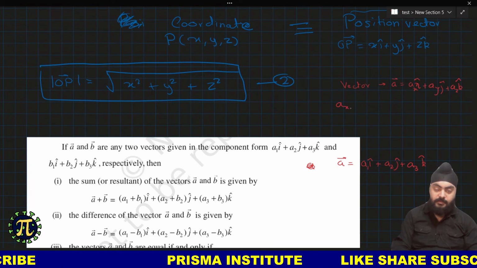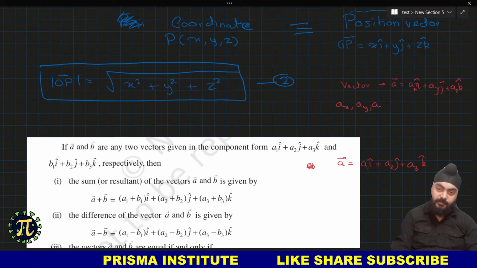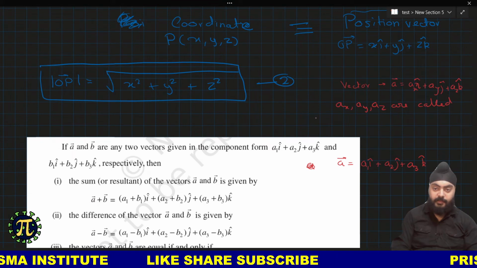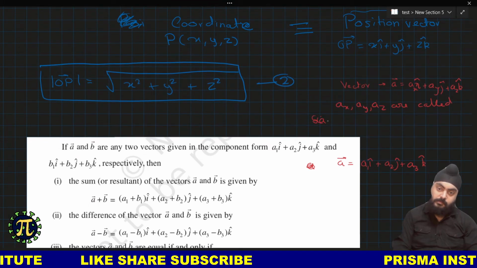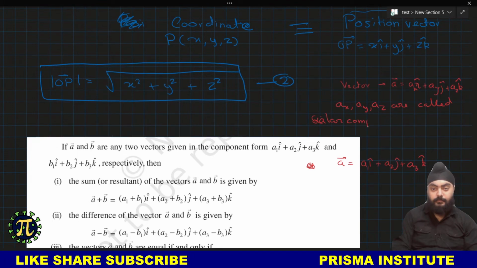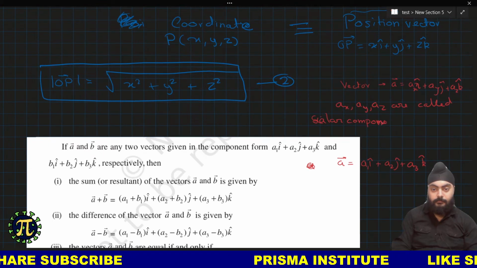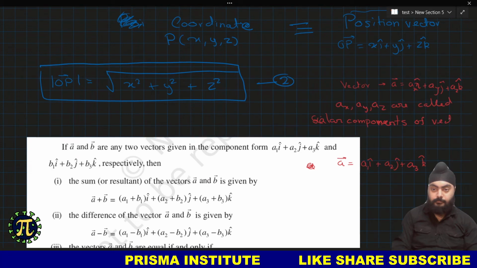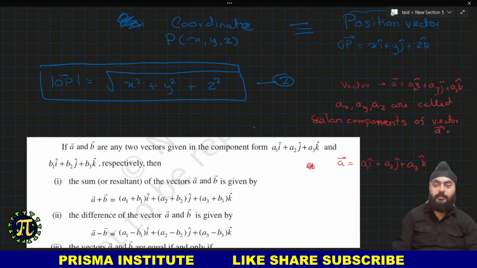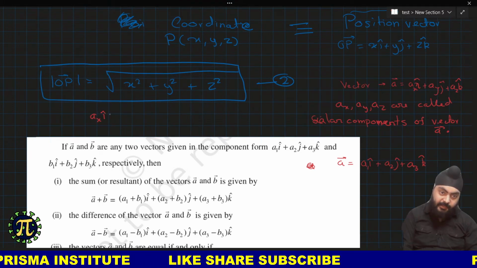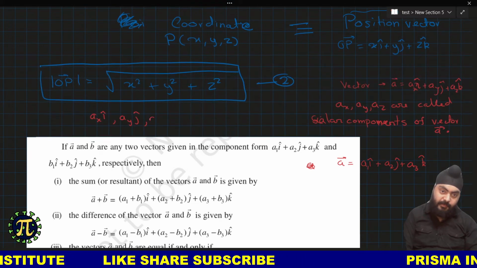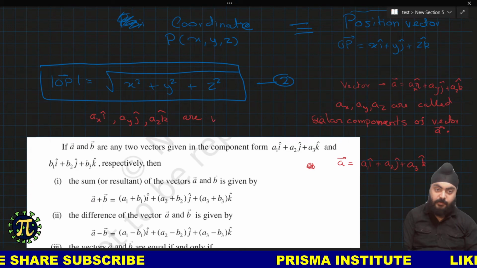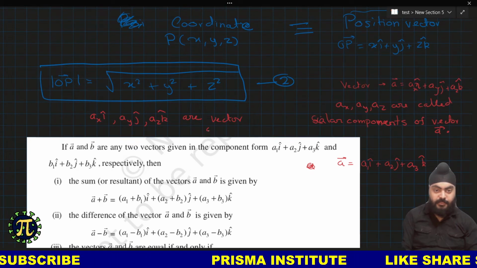So here ax, ay, az are called the scalar components of vector A, and ax combined with I cap, ay combined with j cap and az combined with k cap are called vector components of A vector. Okay, so these are just definitions.